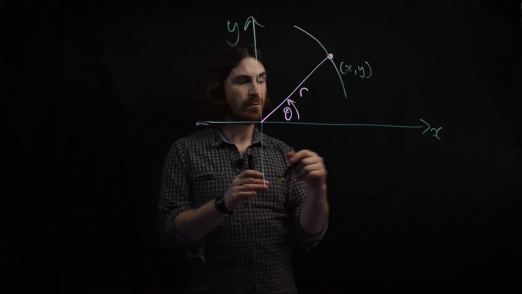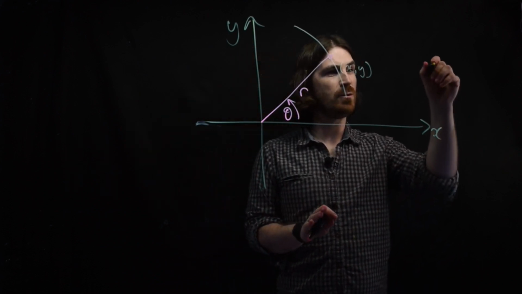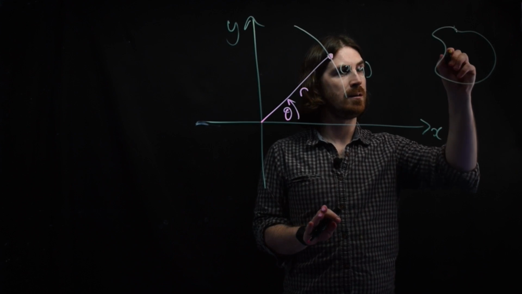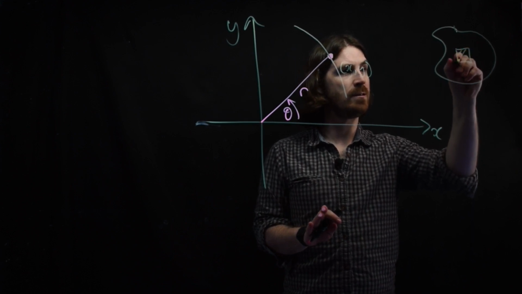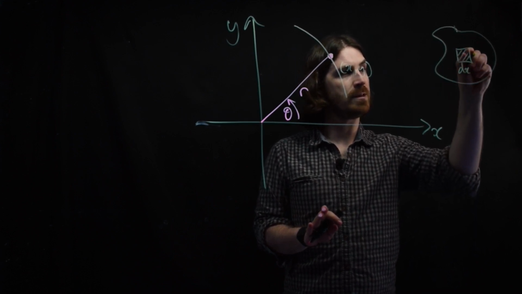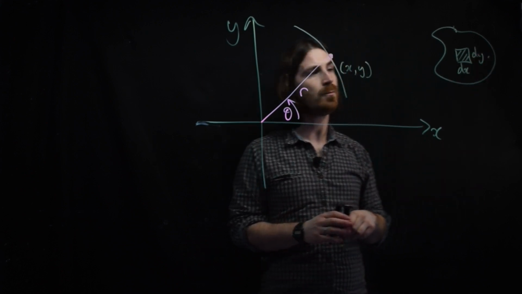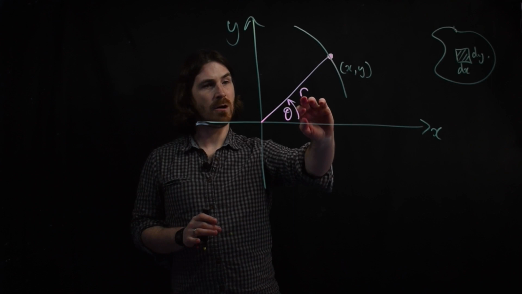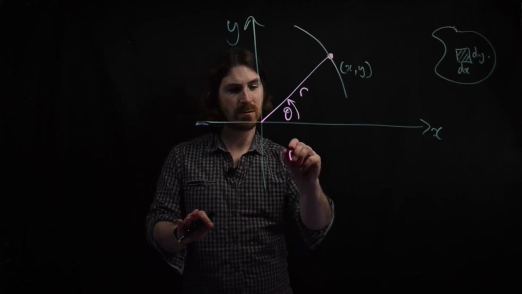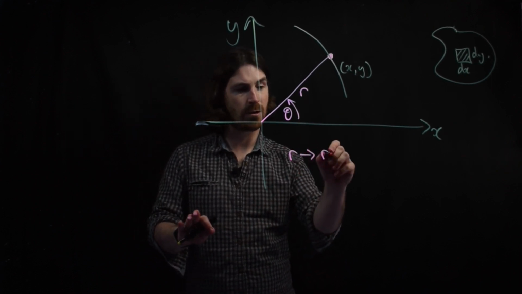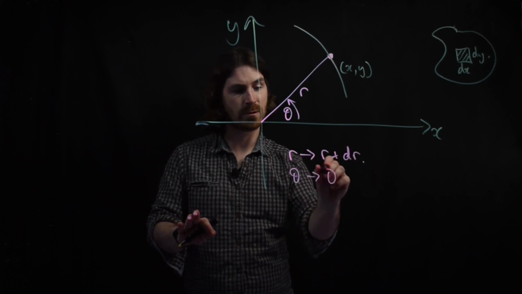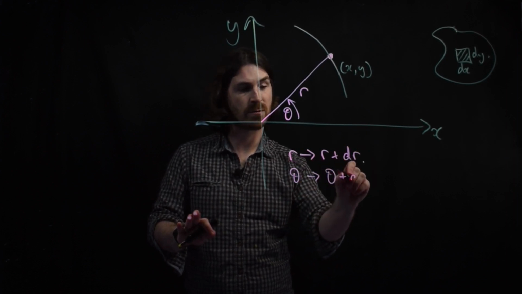Before, we were thinking about Cartesian coordinates and our region S being divided up into little rectangles with width dx and dy. But we can ask, what happens if we change r by a small amount? So let r go to r plus dr, and let theta go to theta plus d theta.